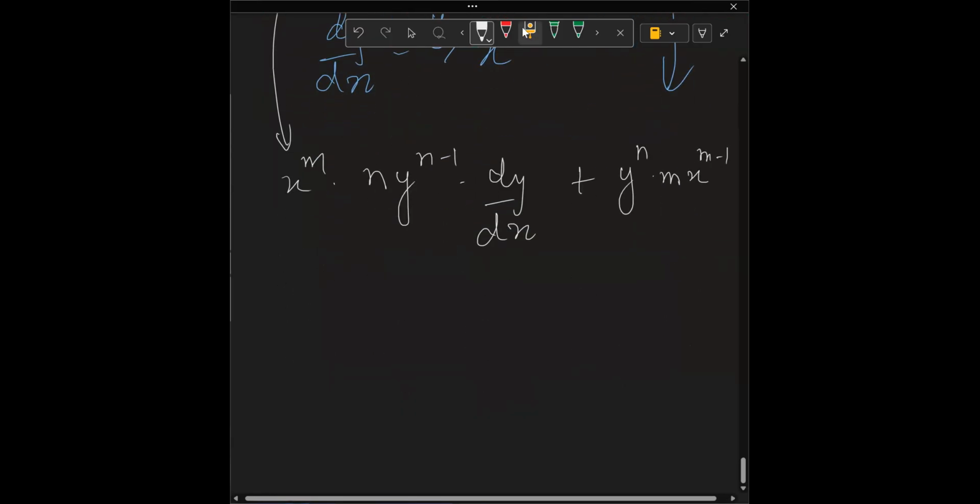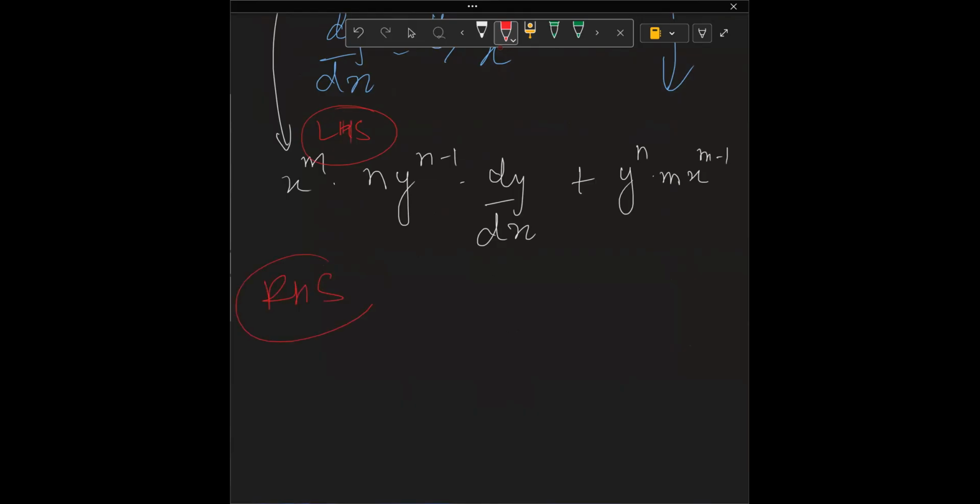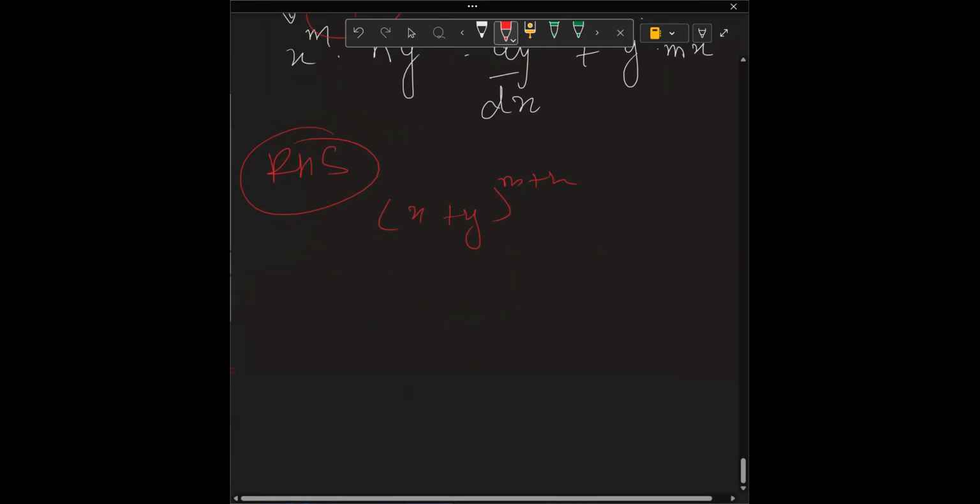So if I differentiate this, you are going to have m plus n in the starting, and x plus y power m plus n minus 1.